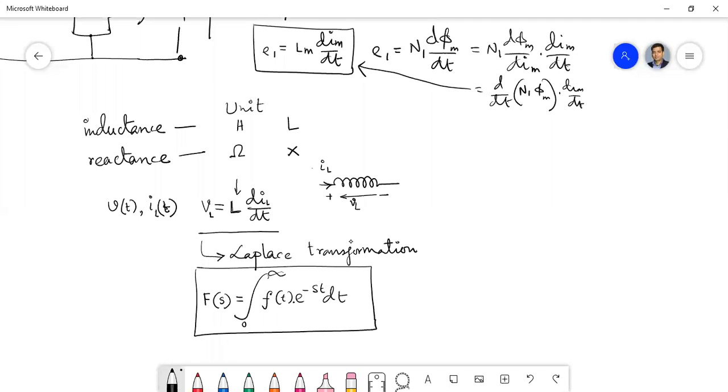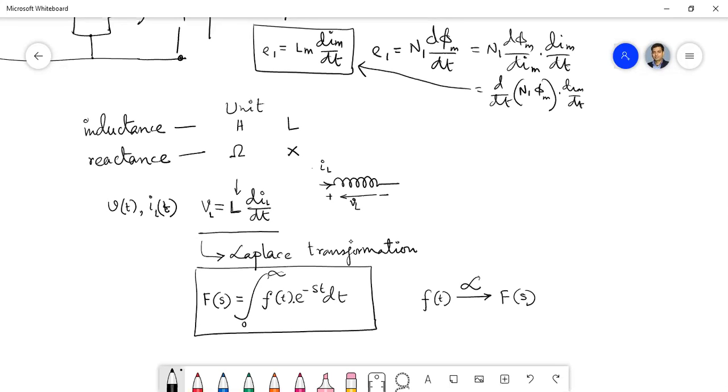In brief, if we have a function of time, small f of t, what does the Laplace transformation do? It converts this time domain function into an s domain function.